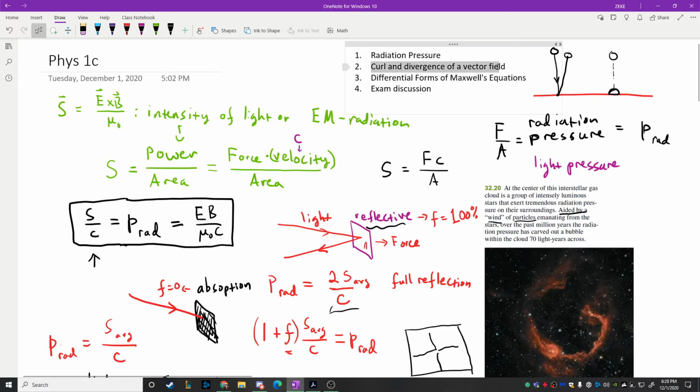These things called the curl and divergence. If you haven't, I'll do my best to describe what they are. As long as you understand a little bit about calculus, you should be able to follow all this without a problem. And really the goal is to get to a different version of Maxwell's equations that can be useful in certain situations, and I'll give one particular example of a way in which it can be useful.